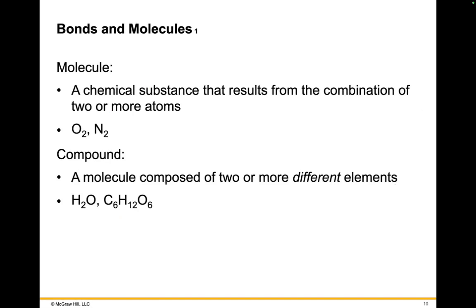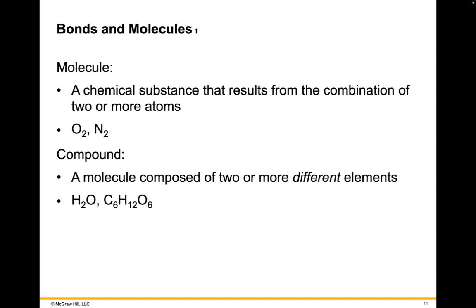A molecule is a chemical substance that is a combination of 2 or more atoms. So we've got O2 or N2. Water, H2O, is also a molecule. Glucose is also a molecule because a molecule is just anything that you bond together made of more than one atom.